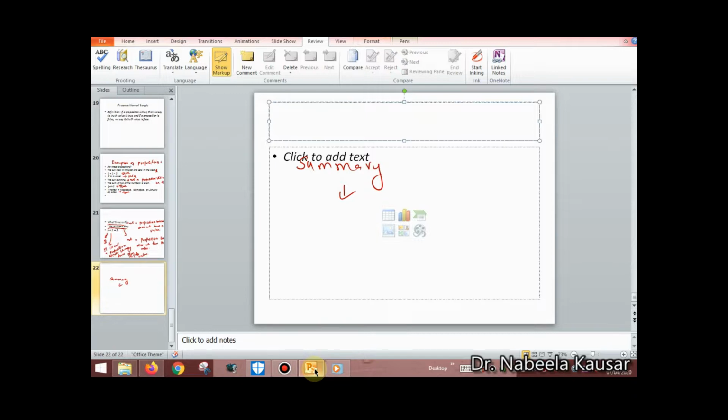Then we discussed the different types of knowledge. First, declarative knowledge. Declarative knowledge contains some information, some declaration, such as Islamabad is the capital of Pakistan. Ali is a good student, he is good at programming.